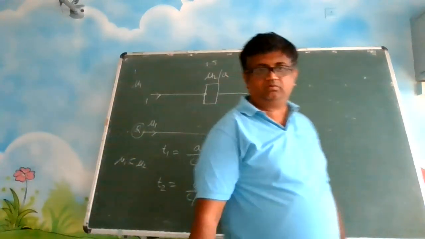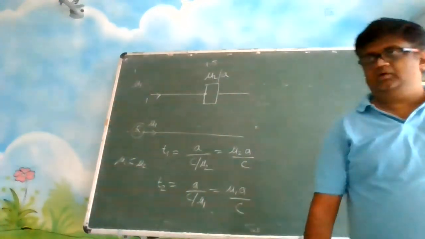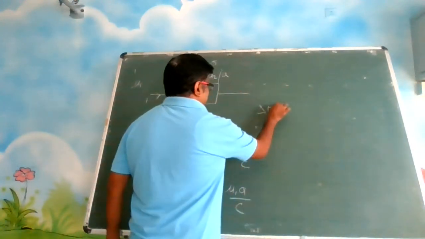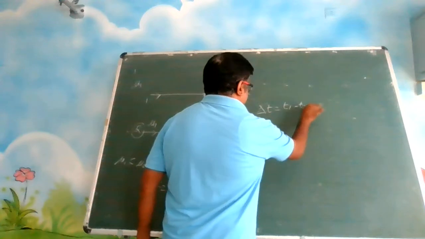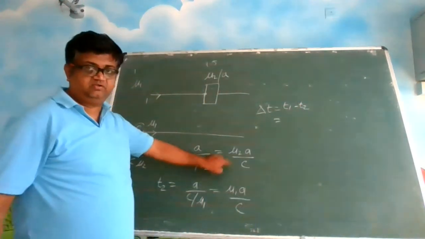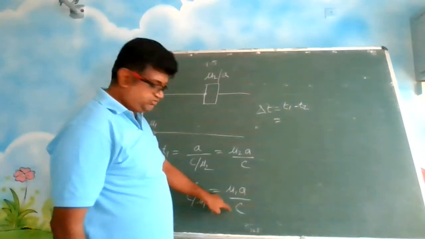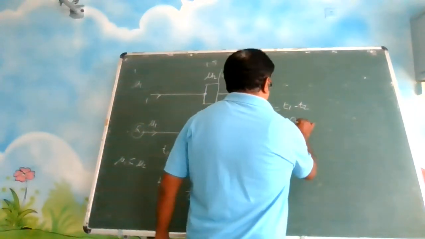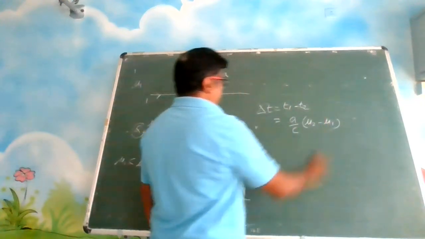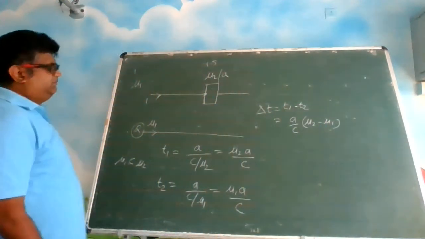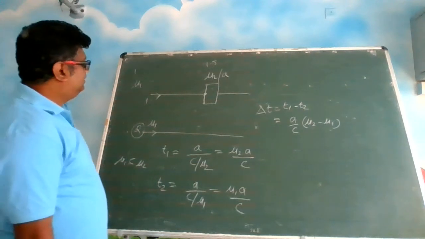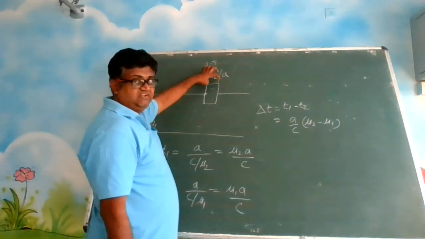Time is not a complex number, time is a real number. So delta T will be equal to T1 minus T2. I need to subtract these two. Here A by C is common. I will take A by C common. Mu 2 minus mu 1. I have got the expression. Delta T is equal to A divided by C into mu 2 minus mu 1. What is A? Thickness of this glass slab.